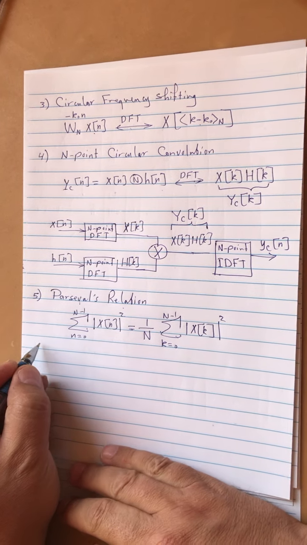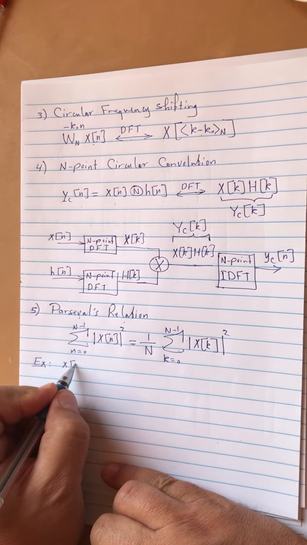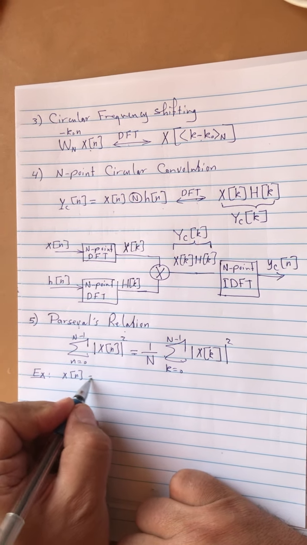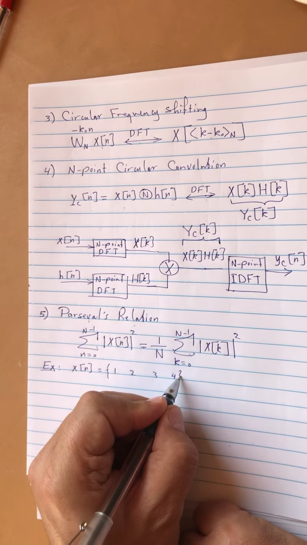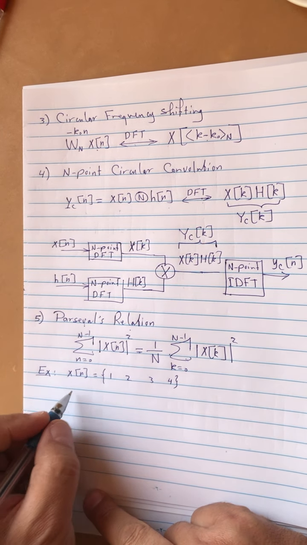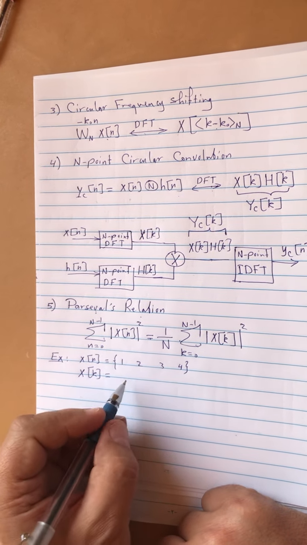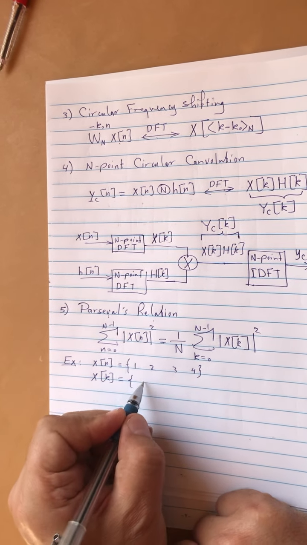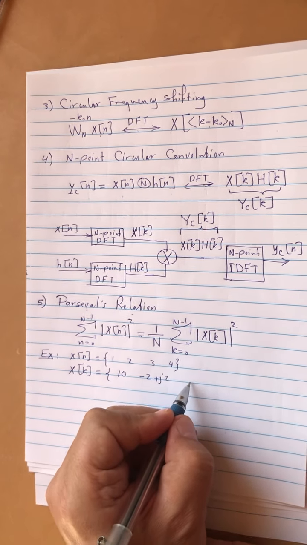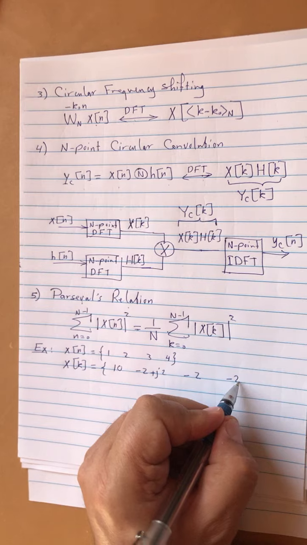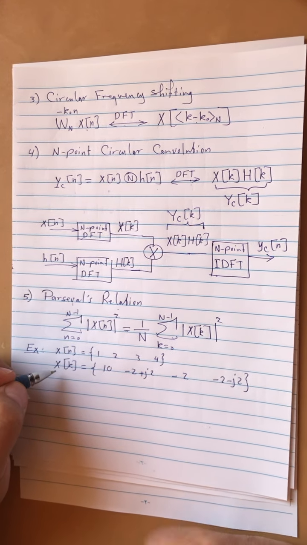Okay, let's take an example here and take x of n equals 1, 2, 3, and 4. And actually, we know X of k from the previous example in this session. We have X of k equal to 10, minus 2 plus j2, minus 2, and minus 2 minus j2. So we know x of n and we know X of k.